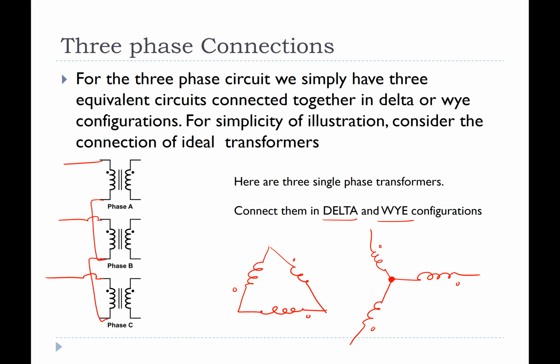So I'm going to configure the next side, the secondary side, in a delta. So you'll see the delta here, it goes from dot to no dot, dot to no dot, dot to no dot. So I'm going dot to no dot, dot to no dot, dot to no dot. And I take the windings out of the terminals with the dots.